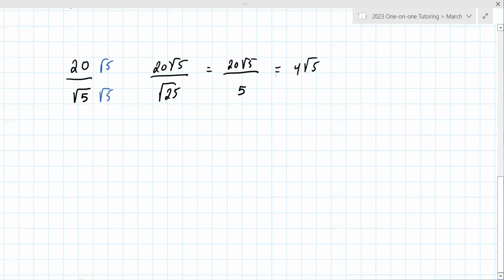All right, so maybe let me give you another one here to try. Let's go 18 divided by the square root of 2. Go ahead and try that, please.